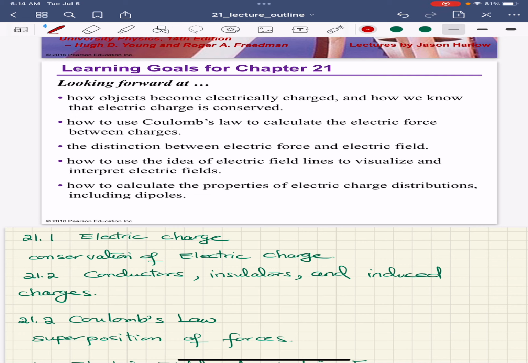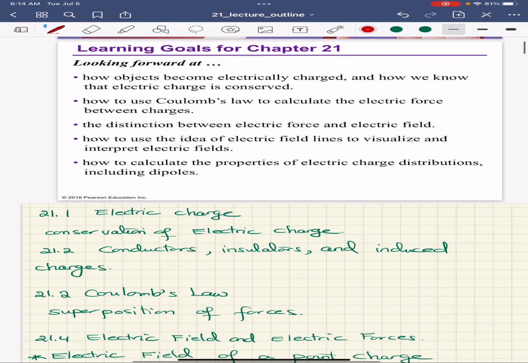We need to distinguish between the meaning of an electric force and the meaning of an electric field. We are also going to find how to draw electric field lines, and how they reflect something about the magnitude and direction of electric fields.